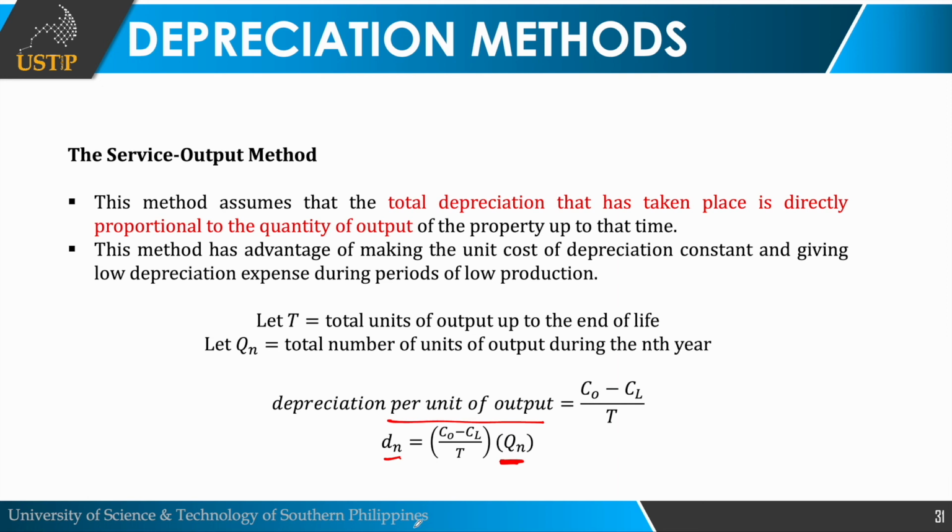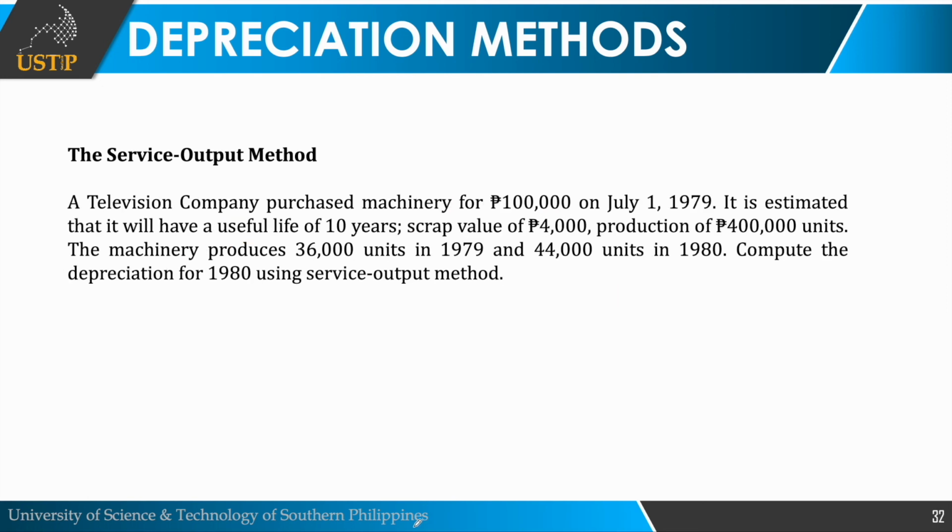I have just one example, very easy. A television company purchased machinery for 100,000 pesos on July 1, 1979. It is estimated to have a useful life of 10 years, scrap value of 4,000, and production of 400,000 units. The machinery produces 36,000 units in 1979 and 44,000 units in 1980. Compute the depreciation for 1980 using the service output method.